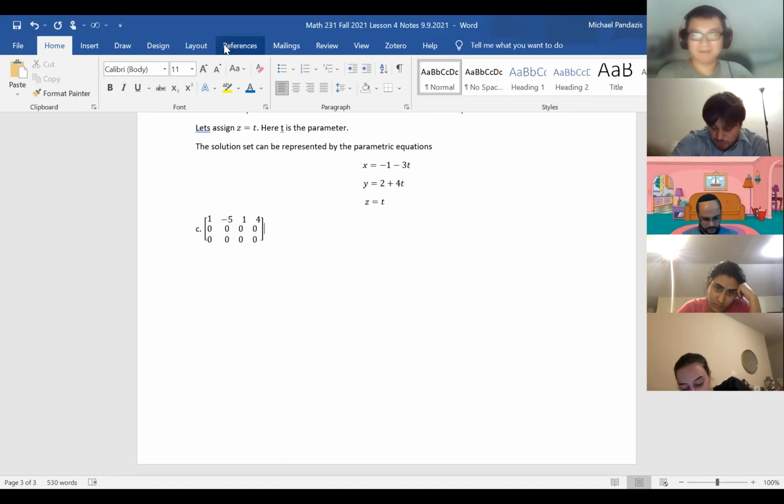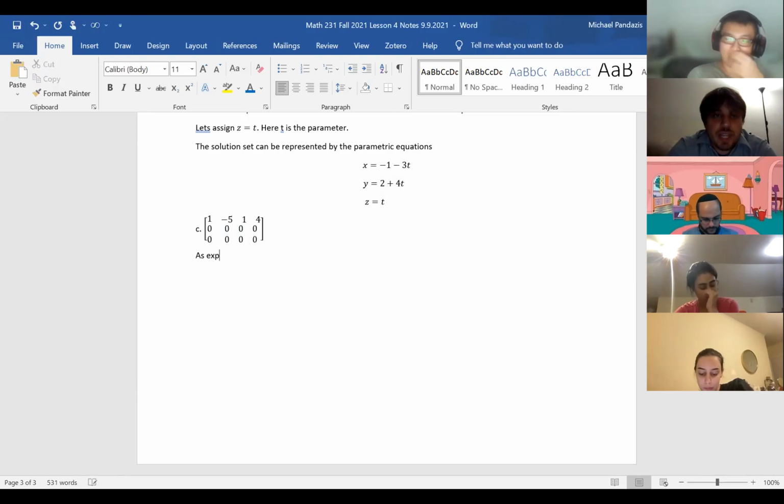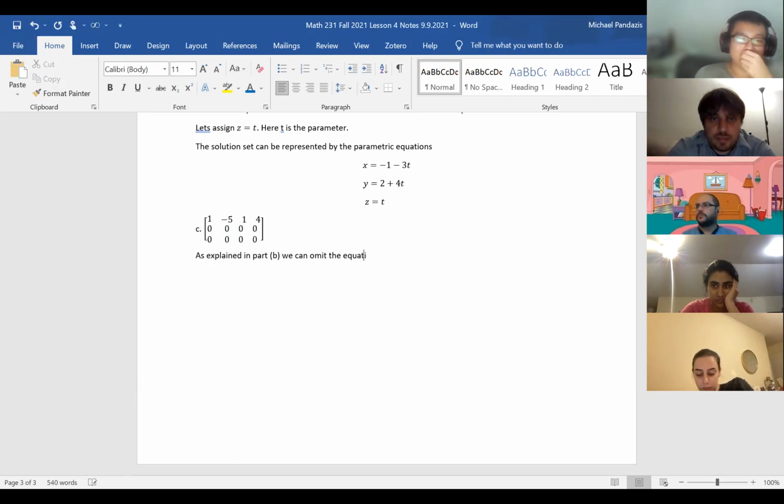So we have a matrix in reduced echelon form, and we just want to find the solution set from that. Okay, so as explained in part A and part B, we can omit the equations corresponding to all zero rows.